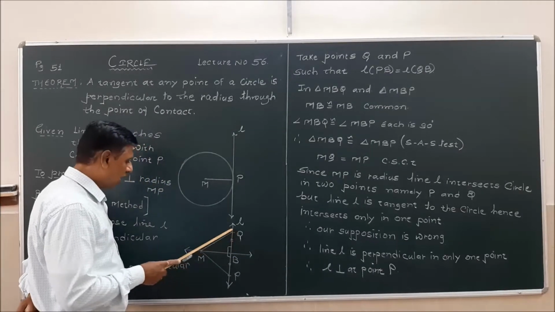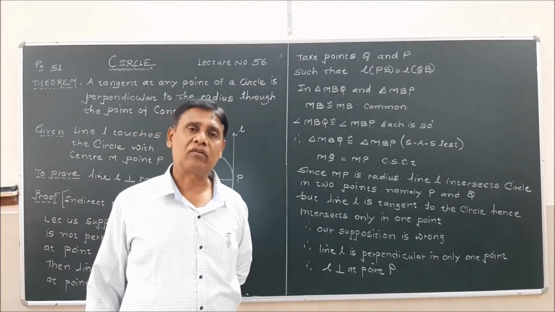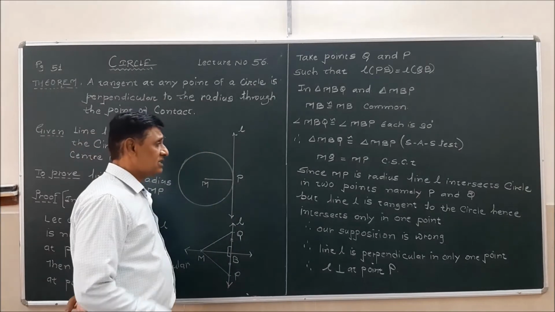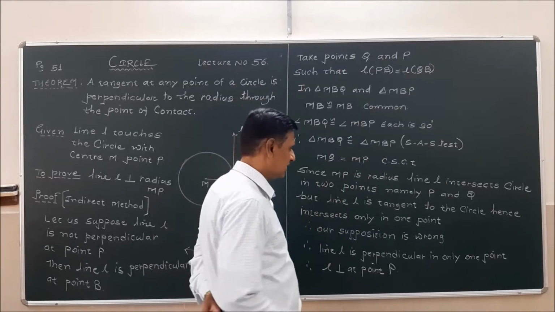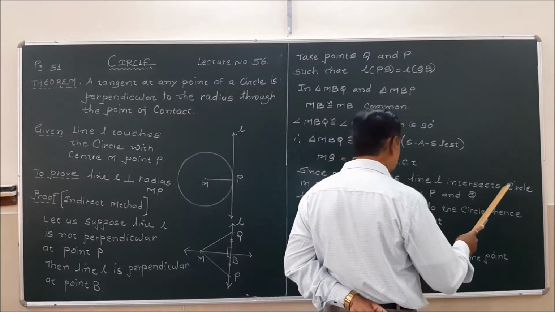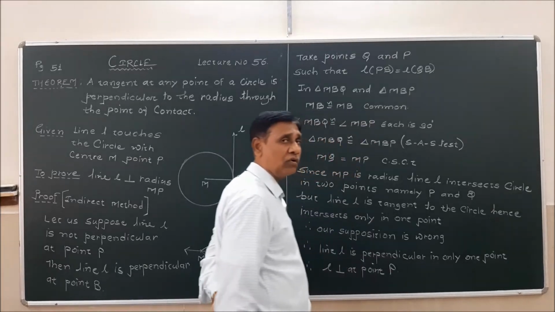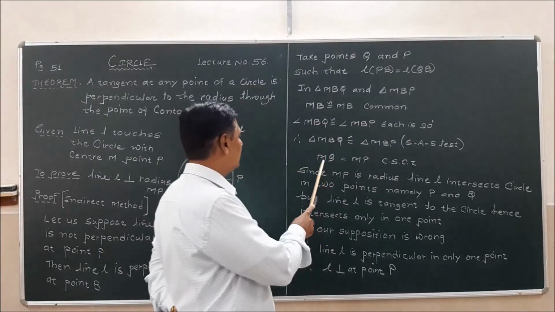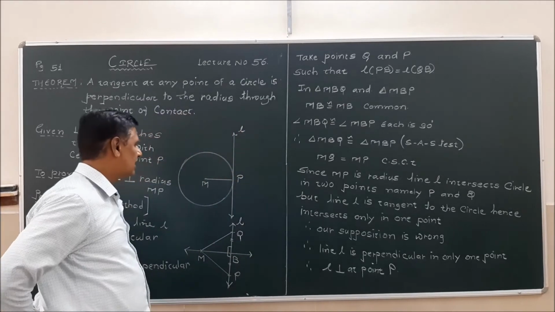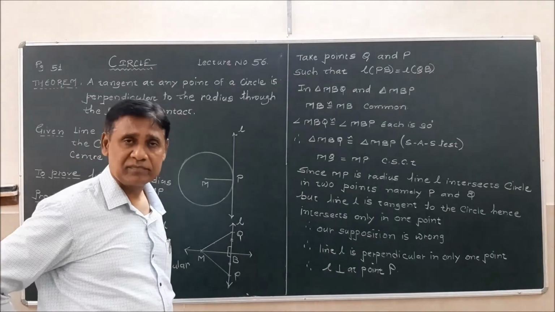Therefore, NQ is congruent to NP, corresponding sides of congruent triangles. Since NP is a radius, this is important, line L intersects the circle in two points, namely P and Q. What we got now is that line L intersects the circle in two points P and Q, which is absurd.